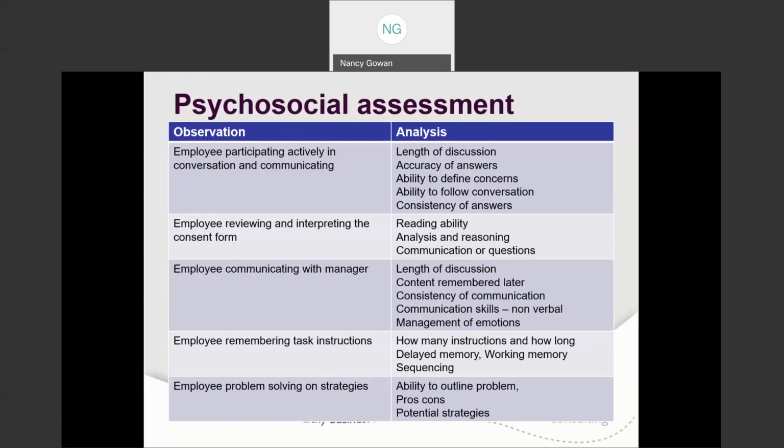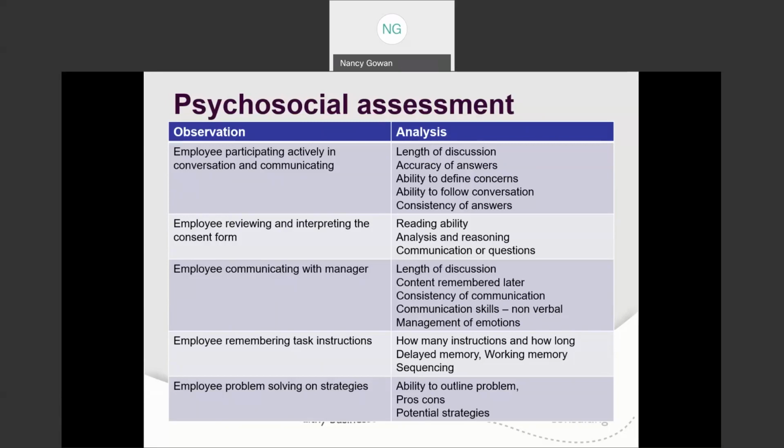When you're providing an employee with instructions on how to do a test, their task instructions, you'll want to pay attention to how many instructions you've given and how long it takes that individual to complete those instructions or how long they can remember those instructions. So you may give instructions on doing a task.